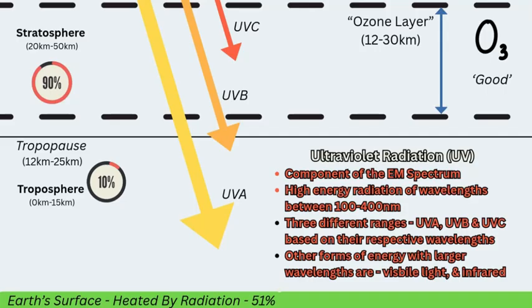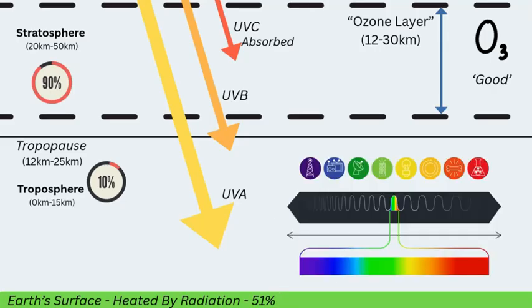And the ozone layer, the concentration of 3 oxygens chemically bonded with covalent bonds, the hybrid 1.5 bond, is going to absorb pretty much all of the ultraviolet C, which is the smallest wavelength, the most powerful type of ultraviolet radiation, and this is absorbed by the ozone molecule, which is amazing because that is going to basically provide a barrier between this harmful radiation, which would literally destroy our planet's surface, and the life below it, the ecosystems below it, us that live on the Earth.